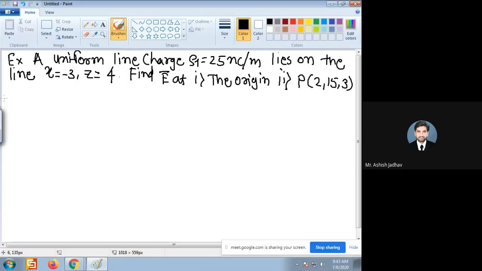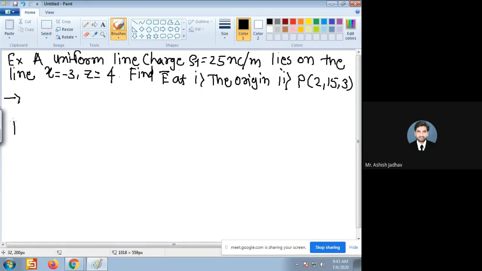Right. So to solve this, since line charge is given, what formula you can use? The formula that you are going to use is E bar is equal to, right? In last lecture we have studied this derivation.